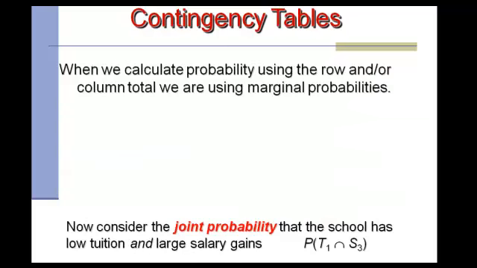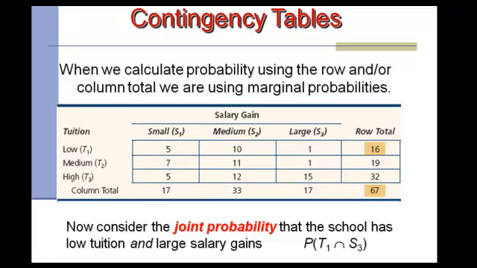Okay, so when we're calculating probability using row or column totals, what we're using are called marginal probabilities. We did that twice in the two preceding examples. Again, 16 out of 67 for the low tuition, and then 33 out of 67 for the medium salary gain.